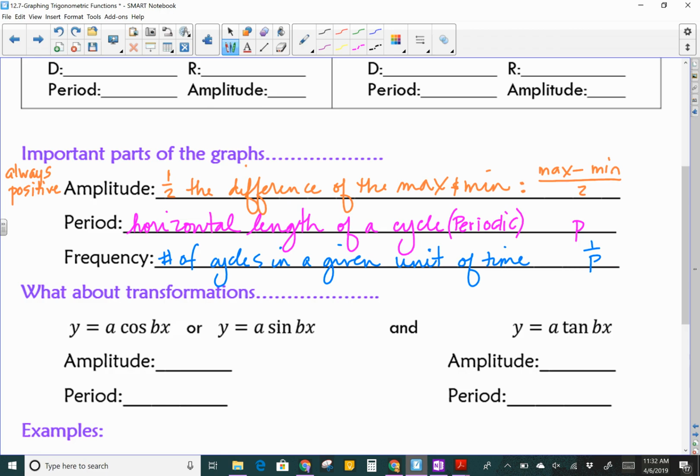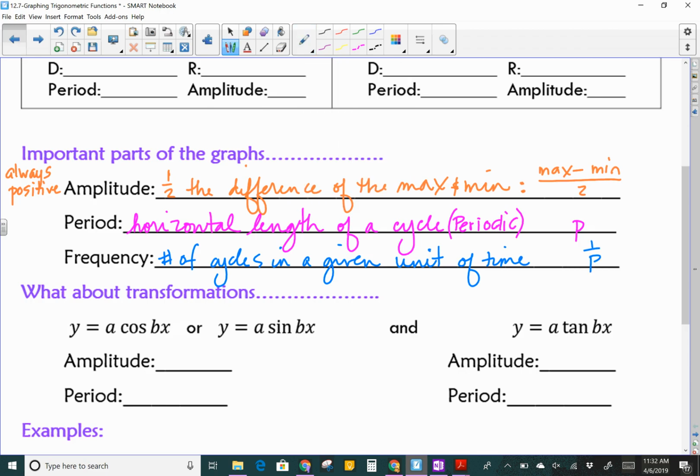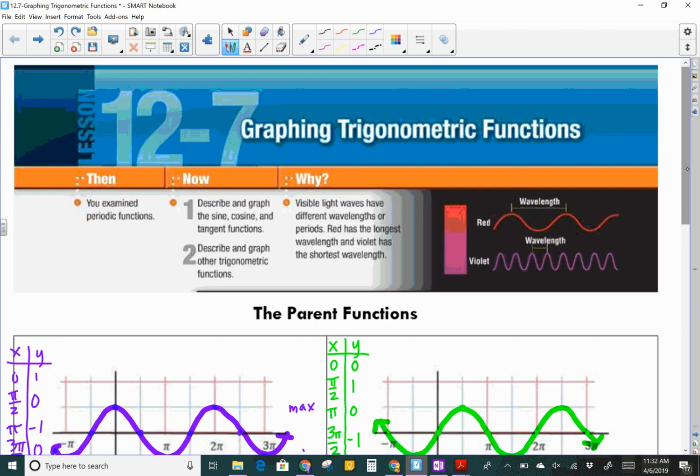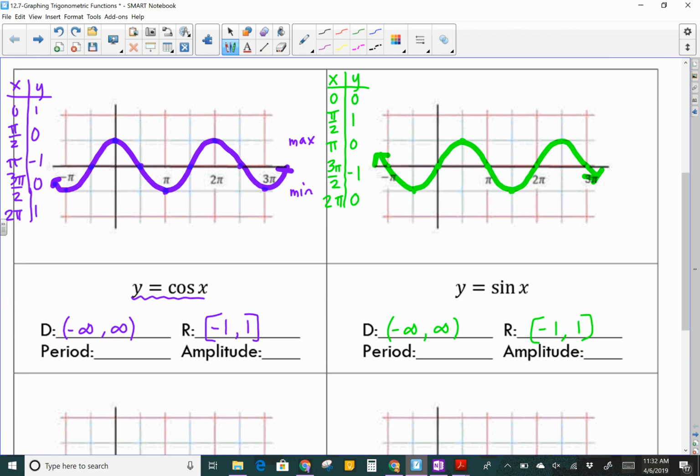So going back to the period, I want to go back to the graphs that we were just talking about. We've got our cosine and our sine. The period is how long it took for it to repeat. I started up here at a max, and then I went back to a max, and I'm going to do the same thing over and over again.